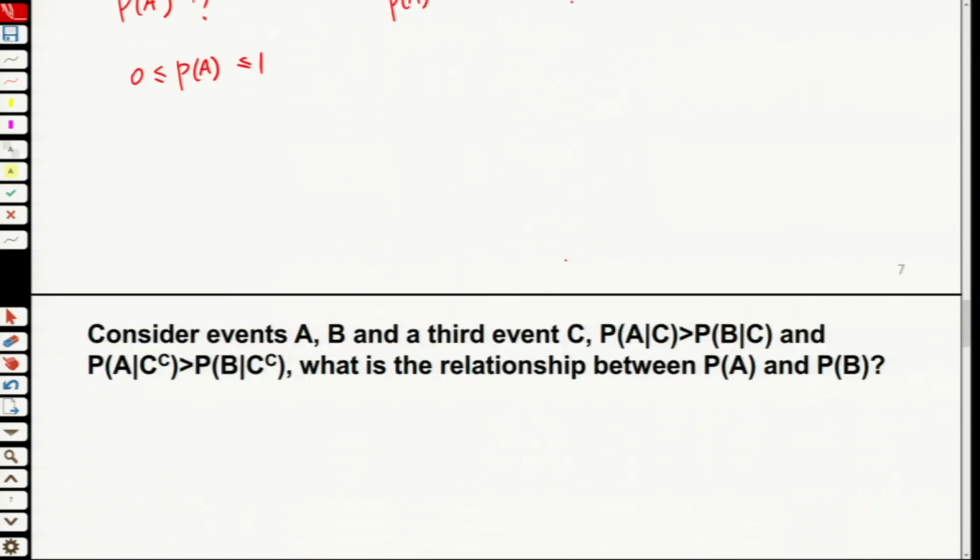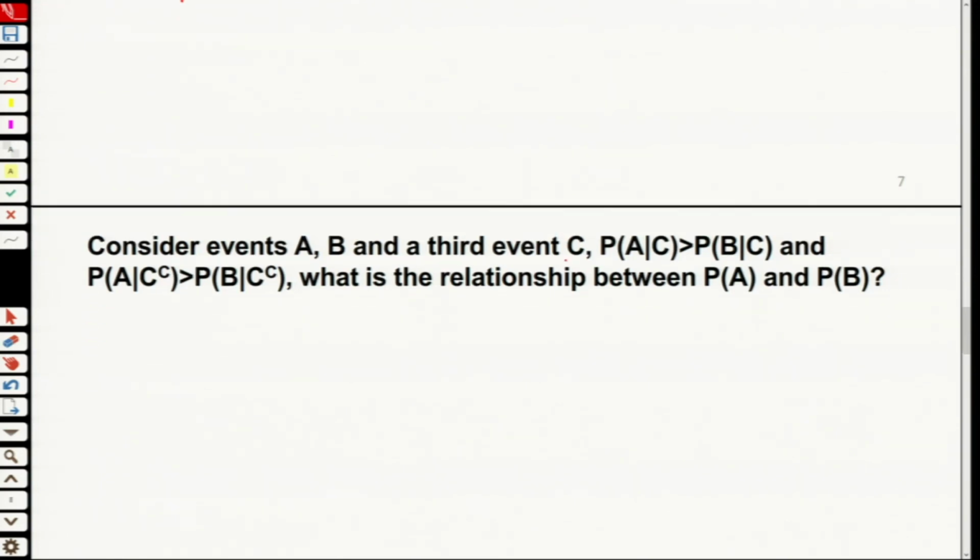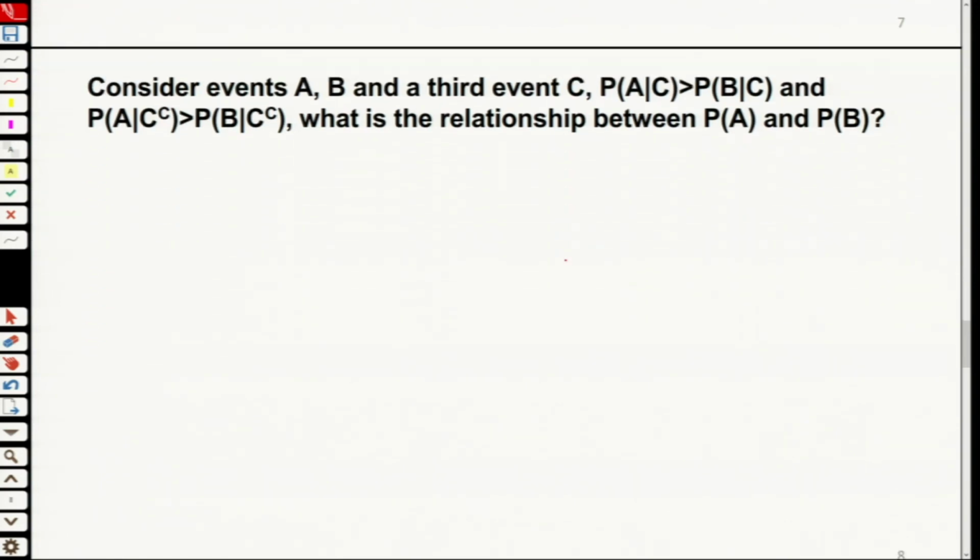Now consider events A and B. Now we have a third event, C. Now what if probability A given C is greater than probability B given C, and probability A given C complement is greater than probability B given C complement?